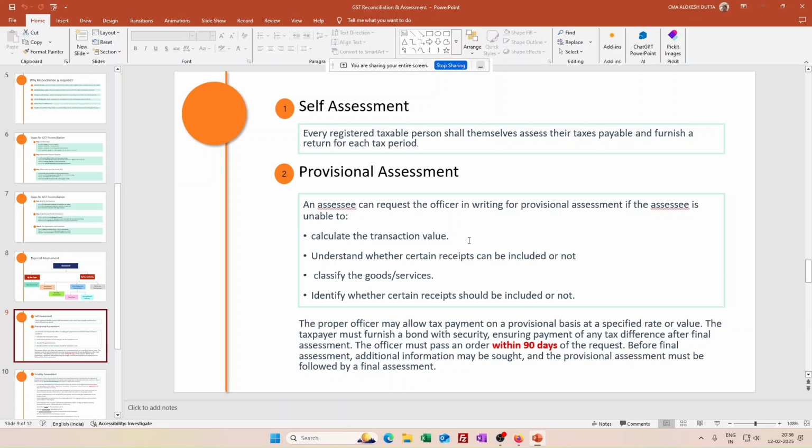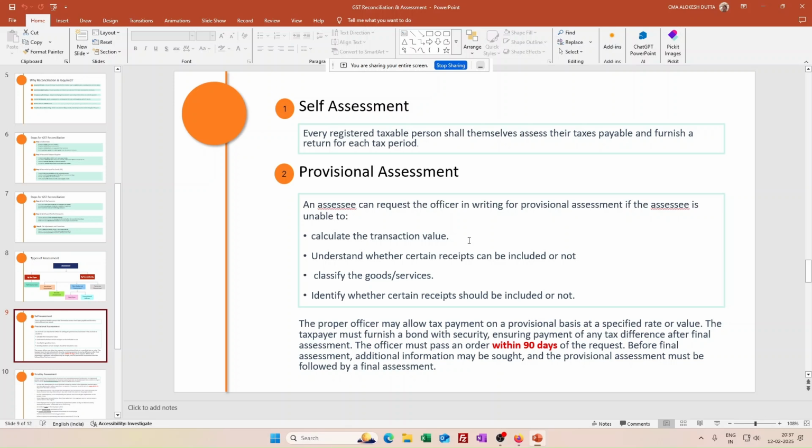So he can make a request to the proper officer of his jurisdiction. He can direct him: you pay at 18% or 20%, 28% or 12%, whatever the case may be, with the value of this amount.